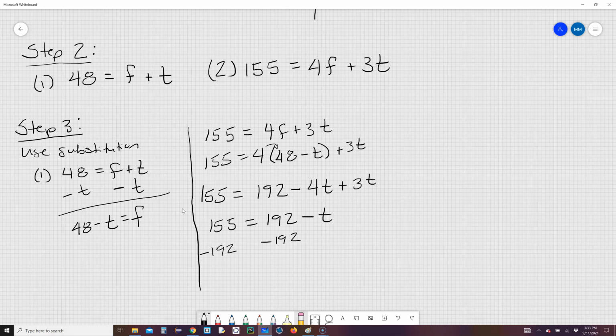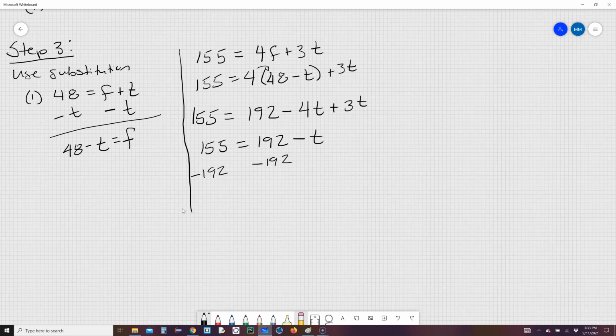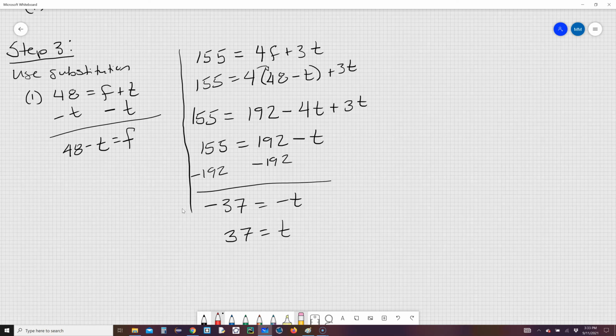That will leave me with a negative 37 on the left and a negative t on the right. I can flip the sign on everything, as some of you pointed out, to which I say, well, that's the same thing as dividing by a negative 1 on both sides to get that t is 37.